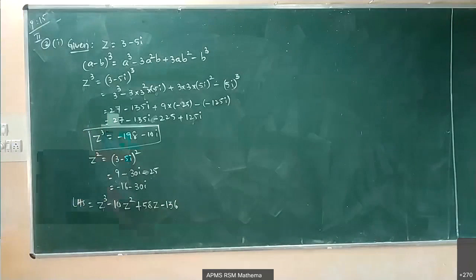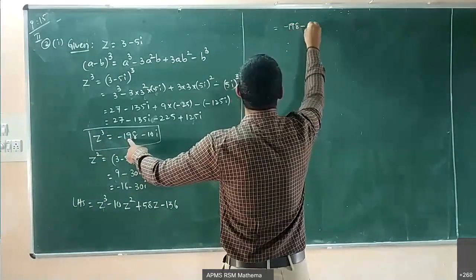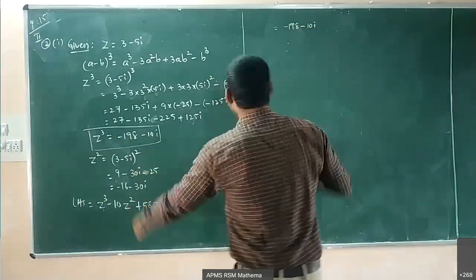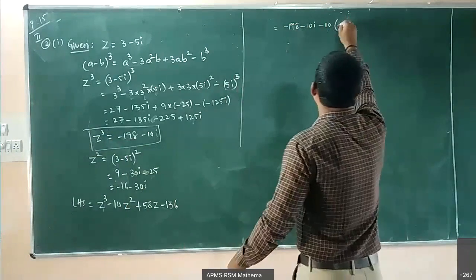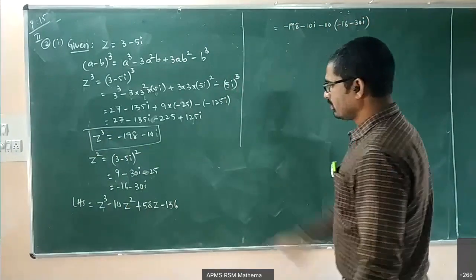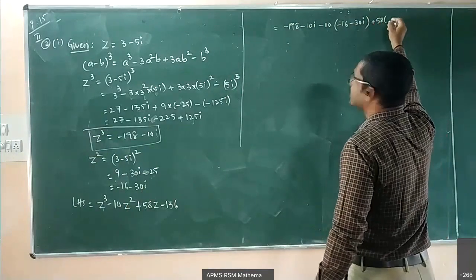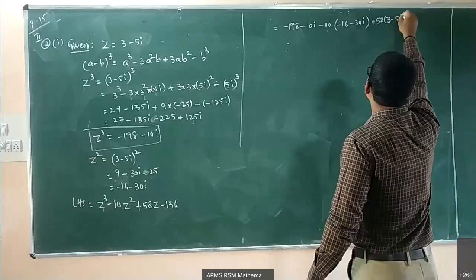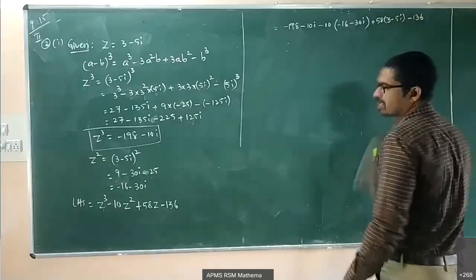So we found the value of Z cube as minus 198 minus 10i, minus 10 into minus 16 minus 30i, and plus 58 into Z, which is 3 minus 5i, minus 136.